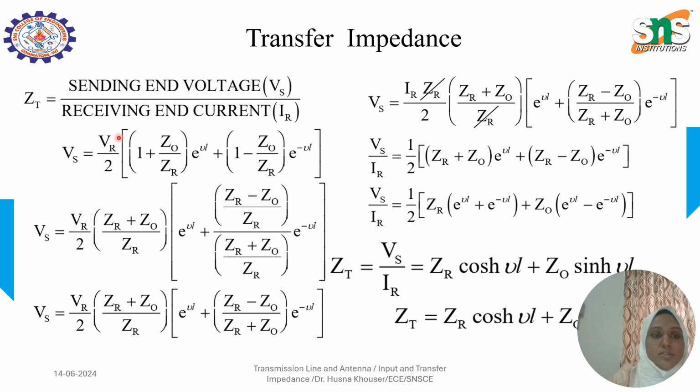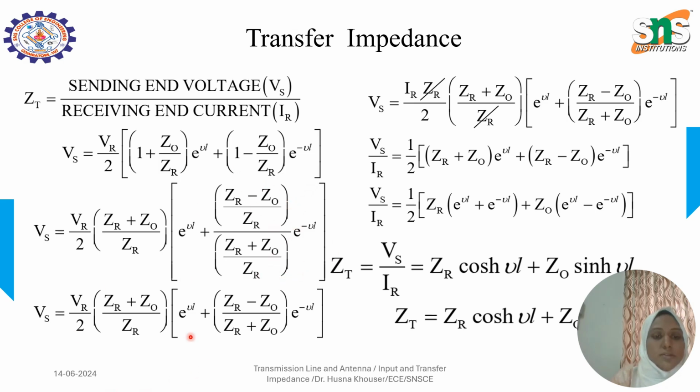So we know this Vs is equal to Vr by 2 into 1 plus Z naught by Zr e power of gamma L plus 1 minus Z naught by Zr into e power of minus gamma L. And now we do the cross multiplication and we take this term outside. So we get e power of gamma L, and when we take this term outside, this will come in the denominator.